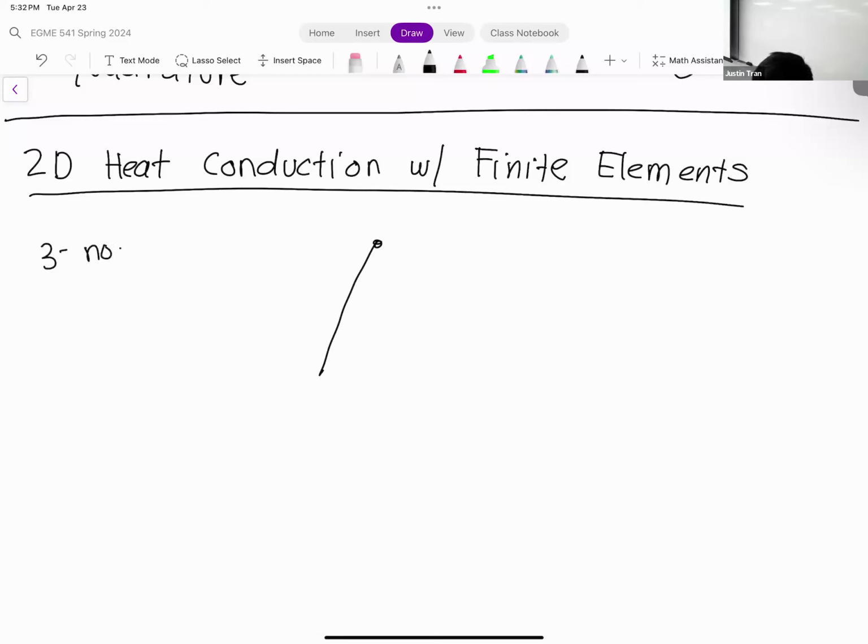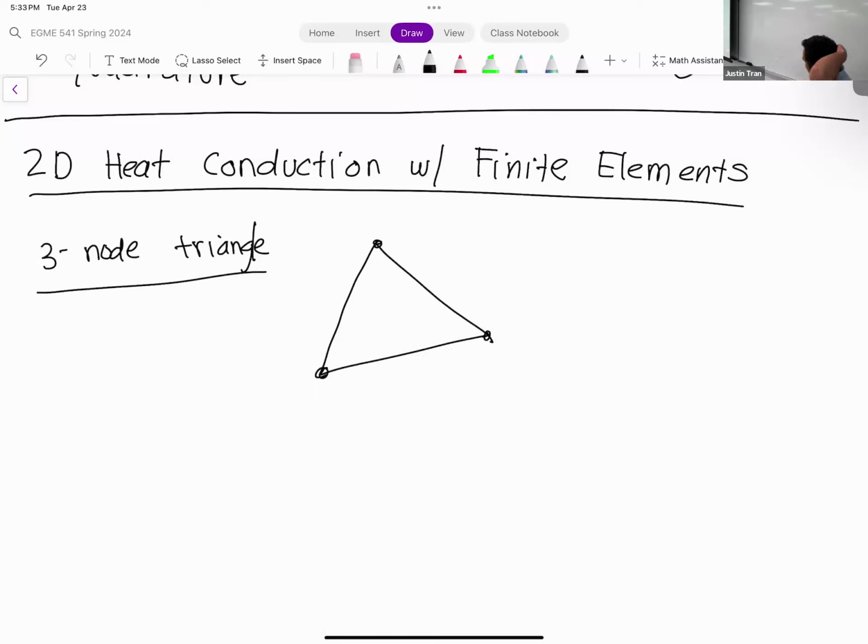Or I should say the 3-node triangle. Just like its name implies, it has 3 nodes. One trend you'll see, especially as you dive further into finite elements and take more advanced classes, is that the number of shape functions in an element matches the number of nodes.